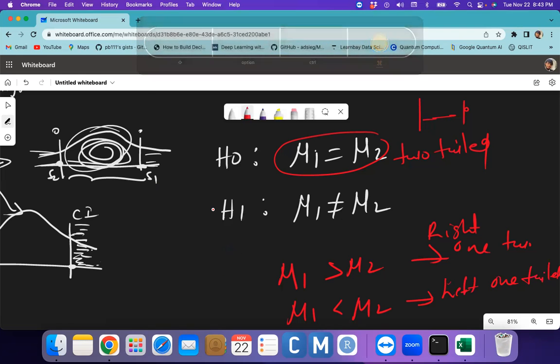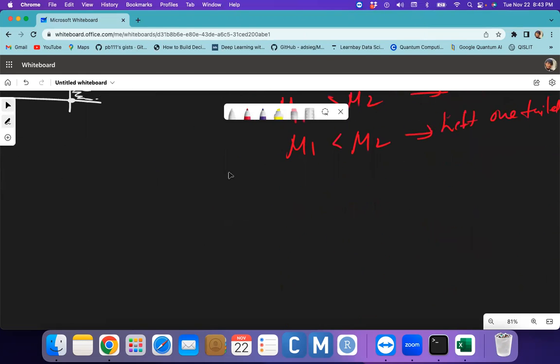When you want to compare two means, in some situations we have to consider the one-tail test, and sometimes the two-tail test. Two-tail means equal or not equal, and one-tail means less than or greater than. Left one-tail and right one-tail, whatever it is, it's a one-tail.